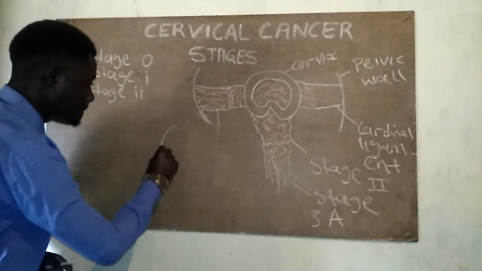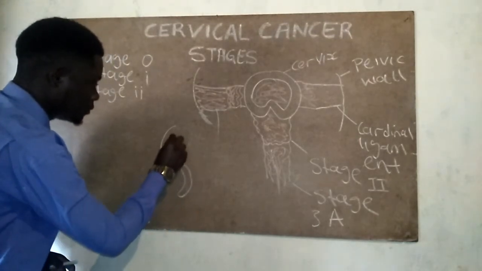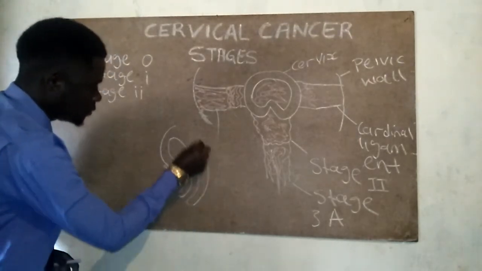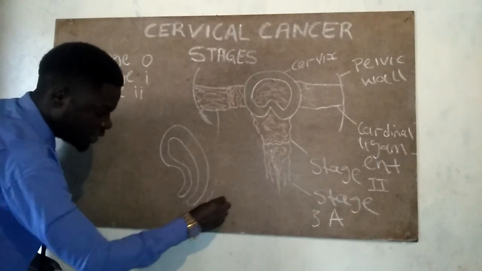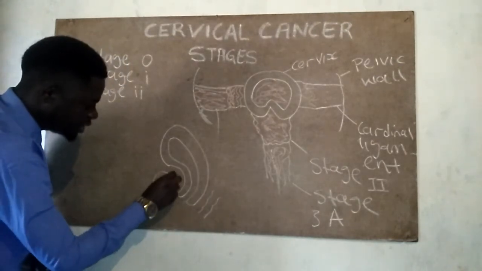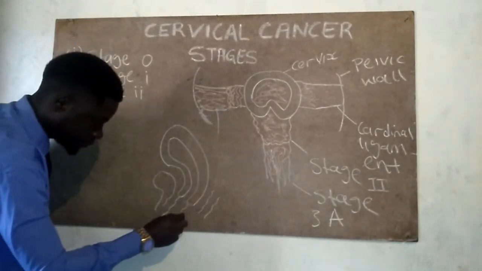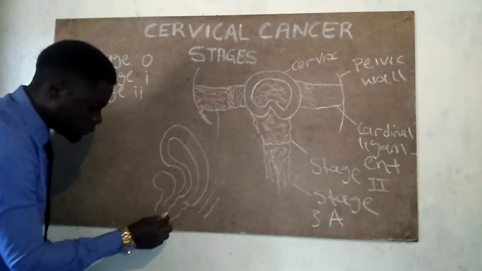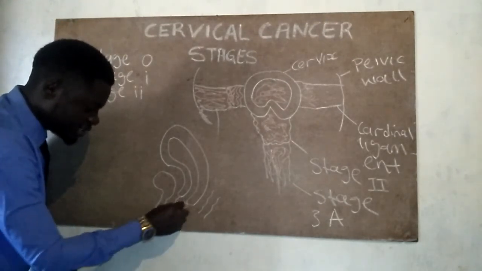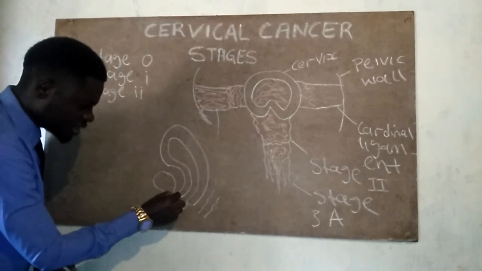Here we have the uterus. So this is the cervix, and behind that we have the rectum, and in front we have the bladder. So this is the vagina opening, the cervix, and the cancer that spreads, the cancer that is in stage 4A, is going to involve even these lateral walls.